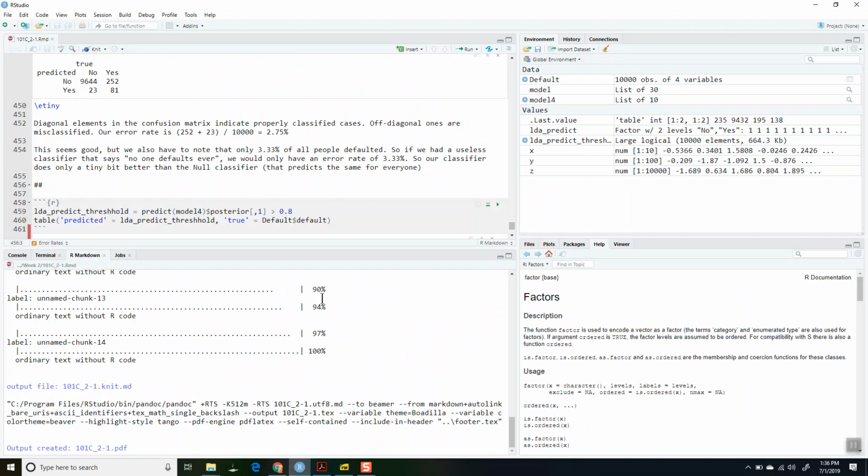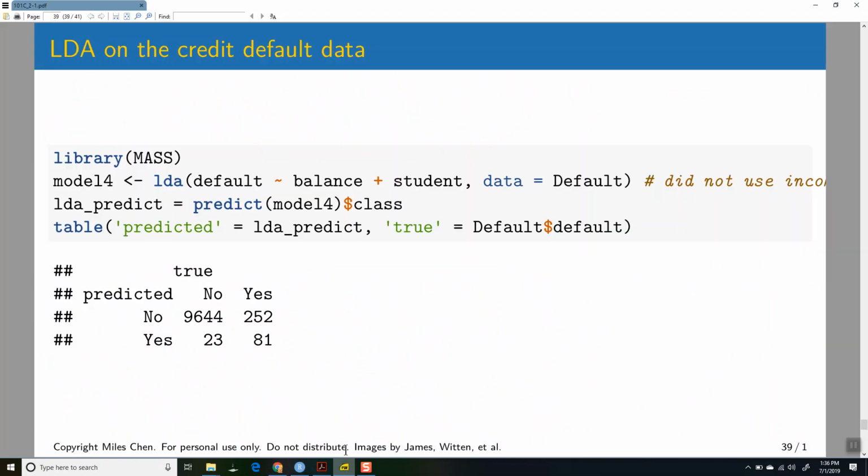So in our notes, what is that? Of the people that will default, there's a total of 333. How many did we select and predict will default? 81 out of 333, right?